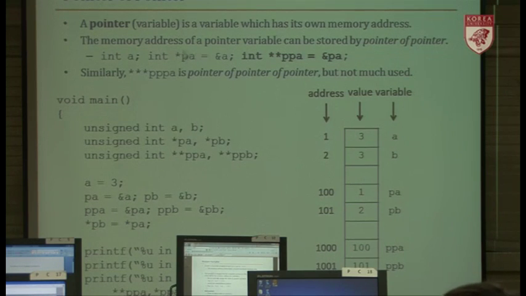But this pa is also a variable, so it has its own memory space and its own memory address. Then how can you represent the memory address of a pointer? That is a pointer of pointer. Then we use two stars: int **ppa = &pa.